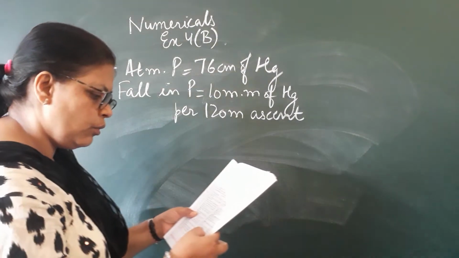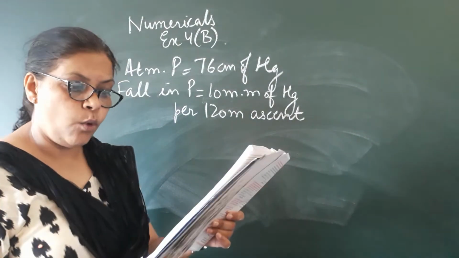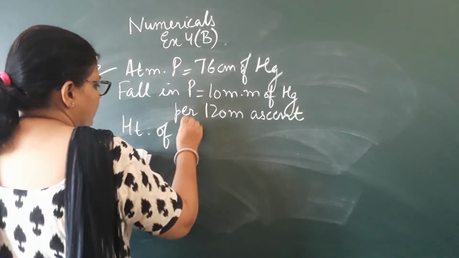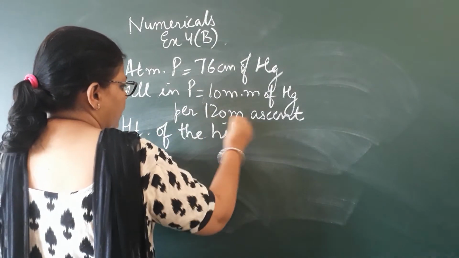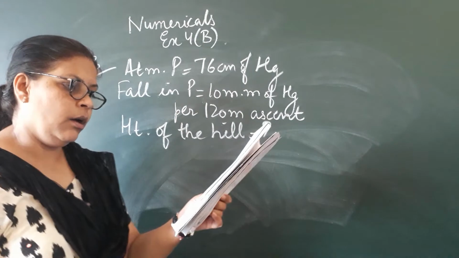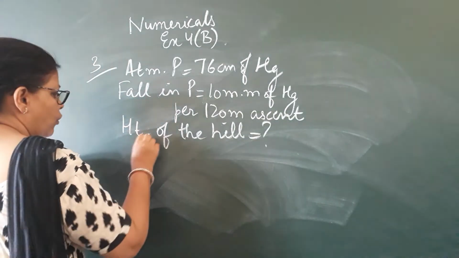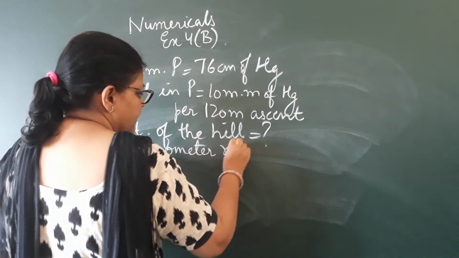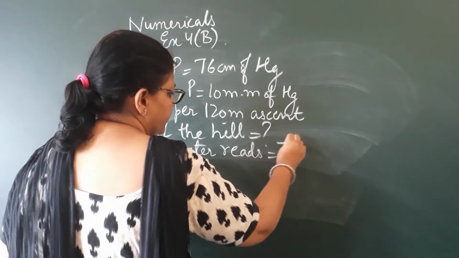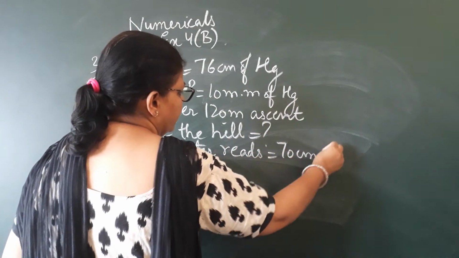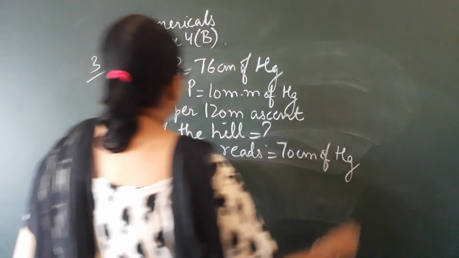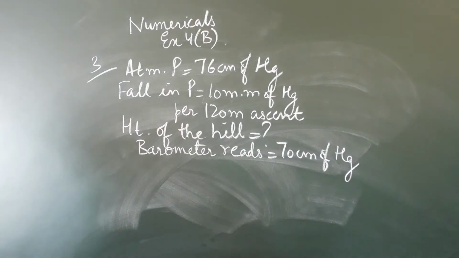You are supposed to find out the height of the hill when the barometer reads 70 centimeters of mercury. Okay, children, now please try to understand this question.